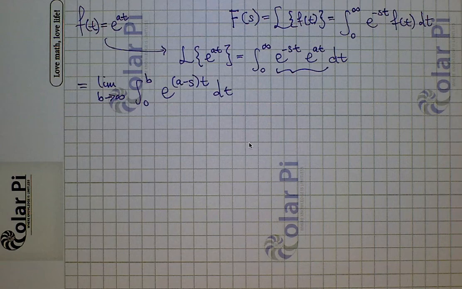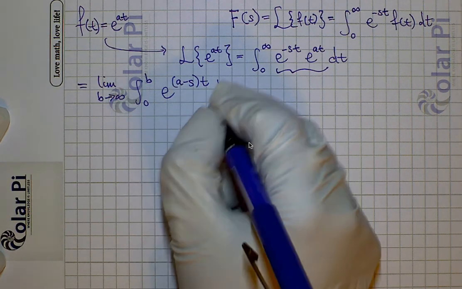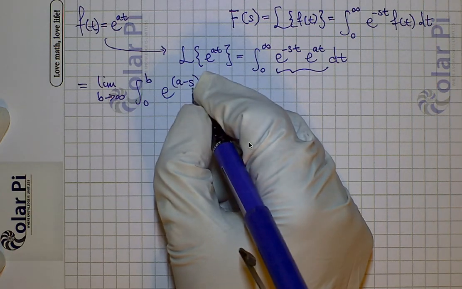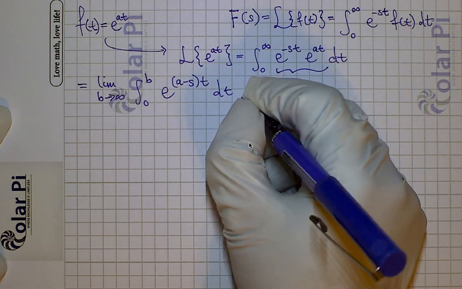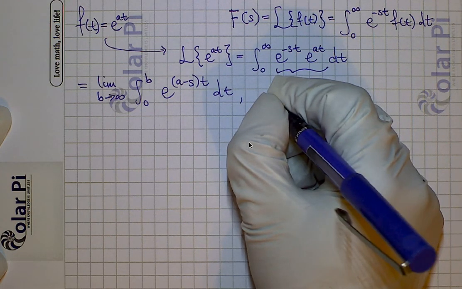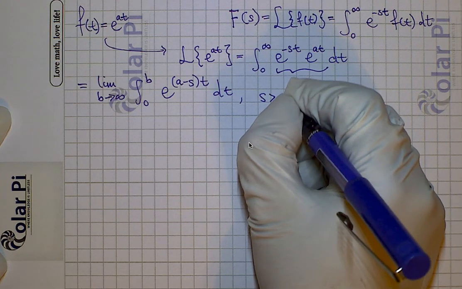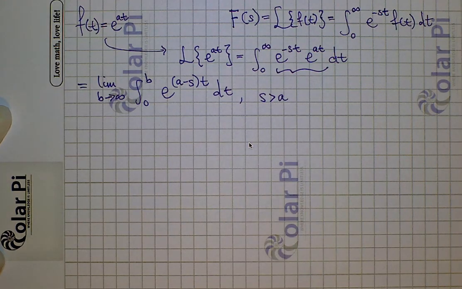Now, where to from here? Well, we know how to find the antiderivative of e to the (a minus s) times t. First, though, let's require that s be greater than a. I'll explain this requirement in a second, but it's required so that this limit converges.